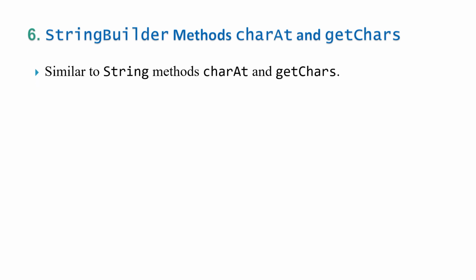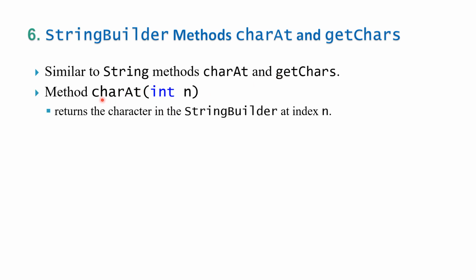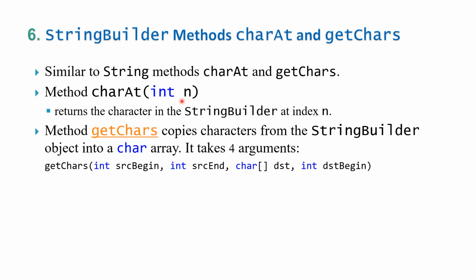Class StringBuilder also has methods charAt and getChars that are similar to methods charAt and getChars of class String. Method charAt takes an int argument and returns the character in the StringBuilder object at the index specified in the argument. Method getChars copies characters from the StringBuilder object into a char array. It takes 4 arguments.